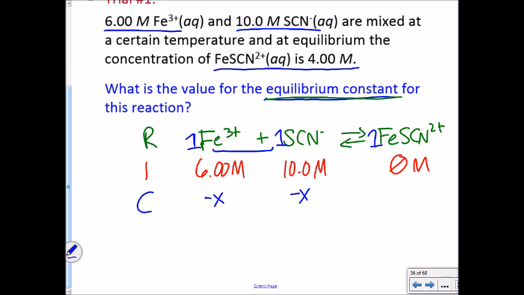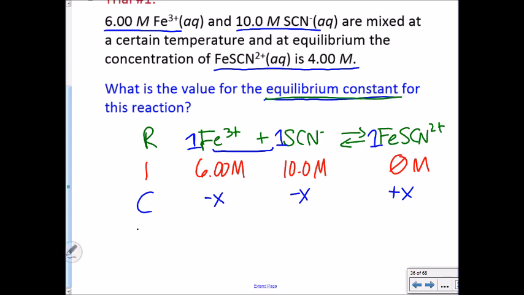That means if we lose this amount from the iron 3, we lose this amount from our SCN, we're going to gain the same amount over on the right-hand side in the product. Does that make sense? So now we know the change in the concentration. And this change is going to be based off of the molar relationships. You can easily look at the coefficients and tell.